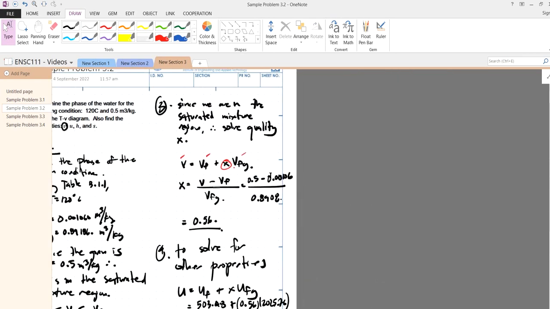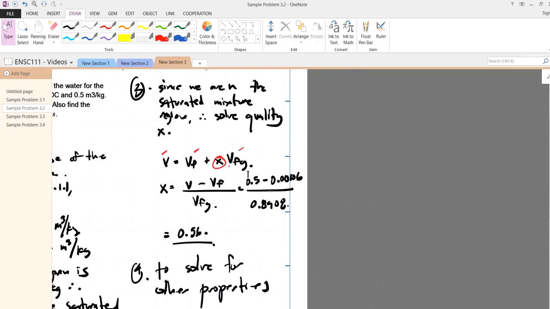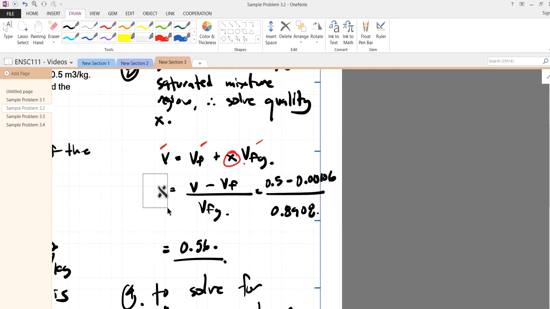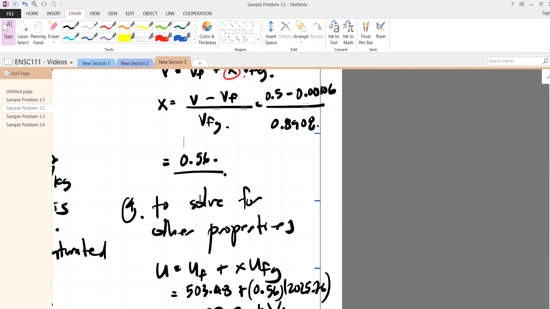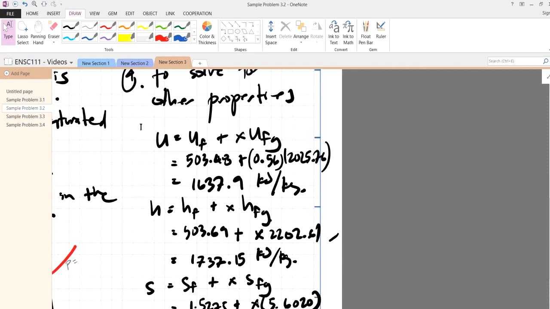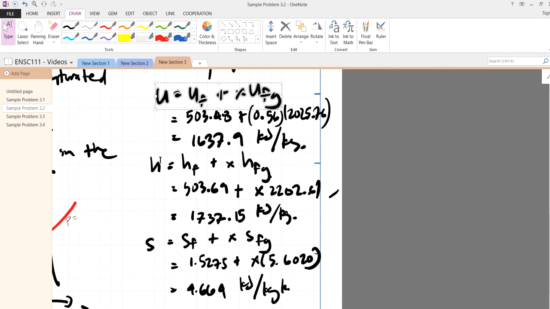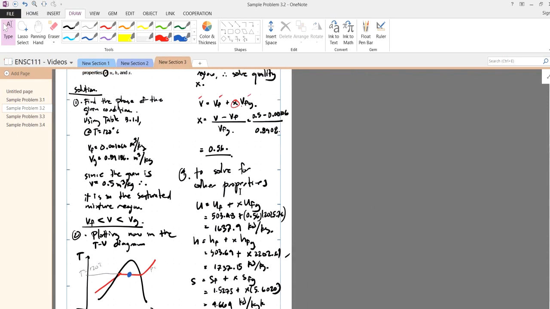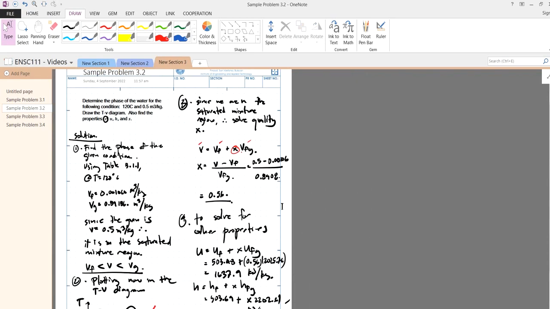Since the specific volume is given, we can find the quality x, and we use that in solving the other properties, using these relationships for u, h, and also s. Okay, so I think that's all for this sample problem.